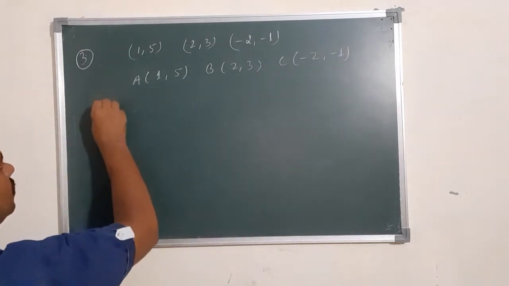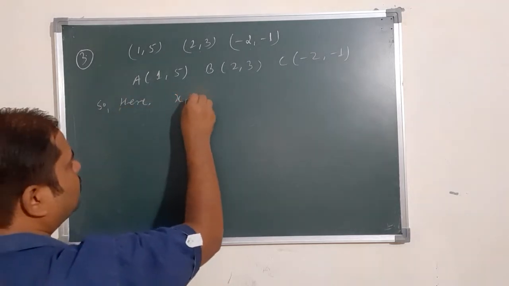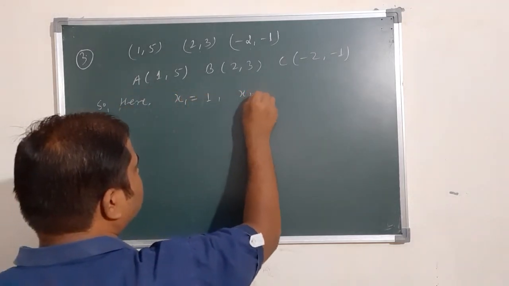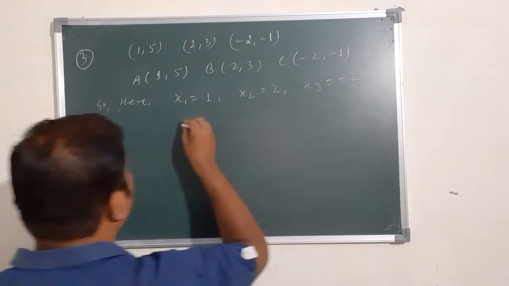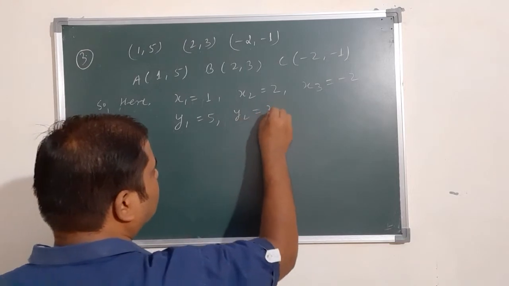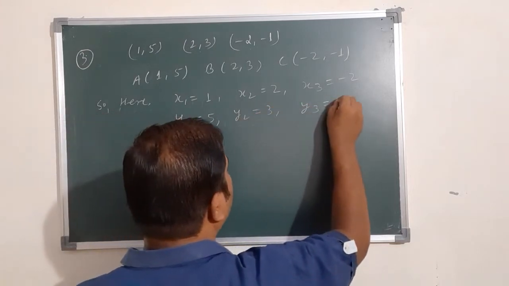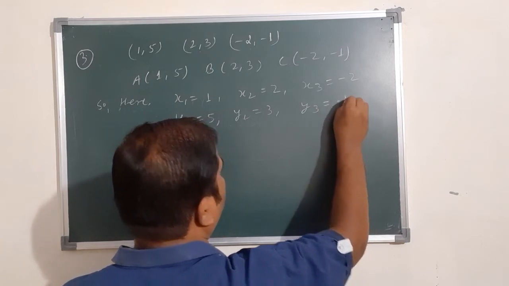So here x1 is equal to 1, x2 is equal to 2 and x3 is equal to -2. y1 is equal to 5, y2 is equal to 3 and y3 is equal to -1.